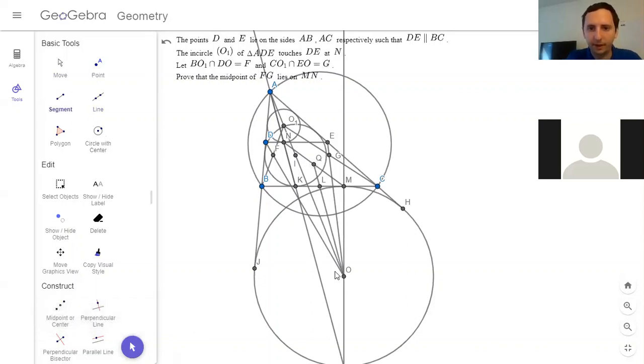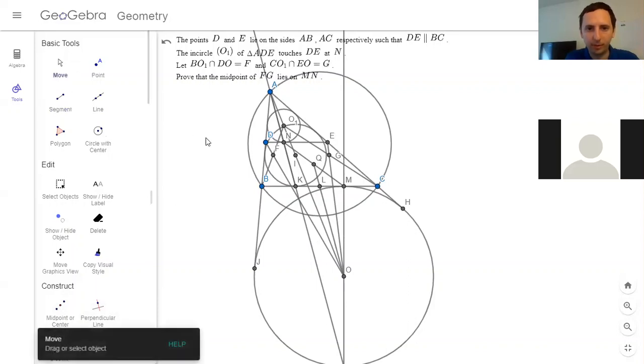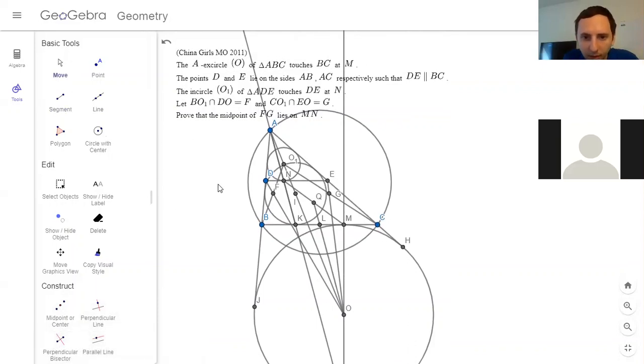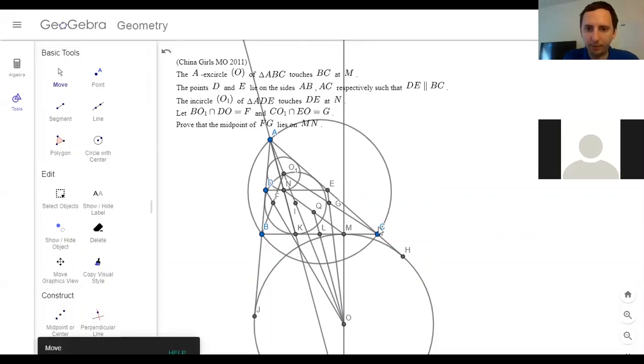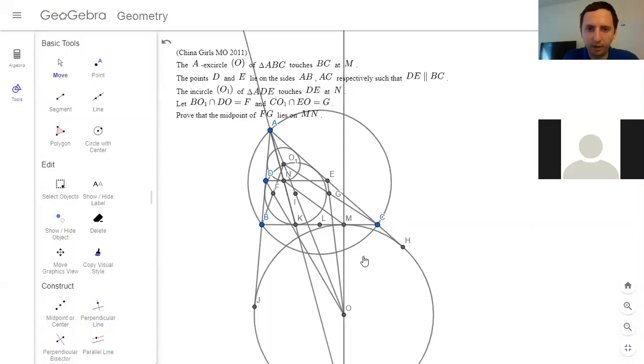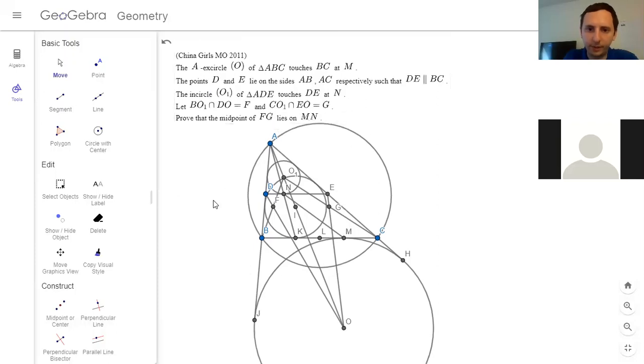But we want the midpoint of EF, not MN. I don't know why I was thinking the midpoint of MN. Let me delete some of this stuff. But OL is parallel to AK. I don't know if that helps, but I used that fact in a recent video.